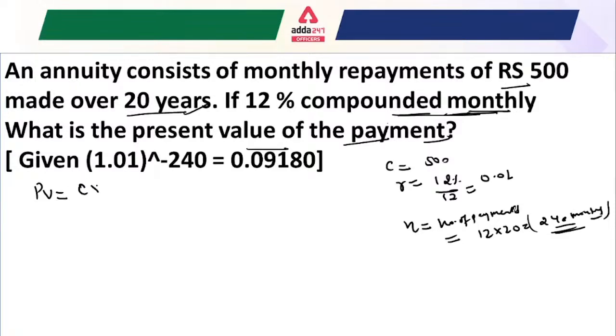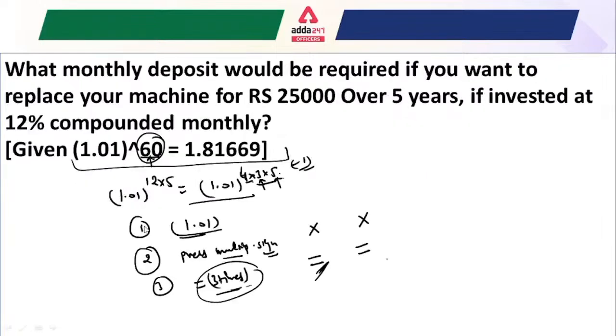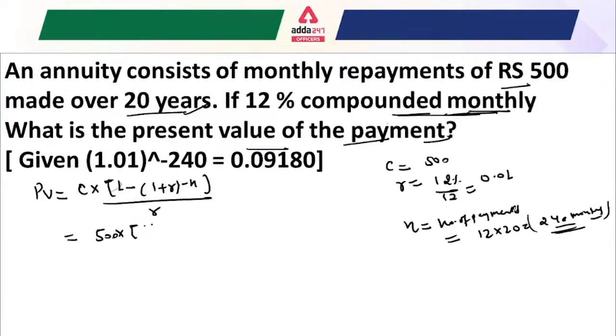That is cash flow multiplied by 1 minus (1 plus r) to the power minus n, divided by r. The cash flow given is 500, so write here 500 times 1 minus (1 plus 0.01) to the power minus 240, divided by 0.01.